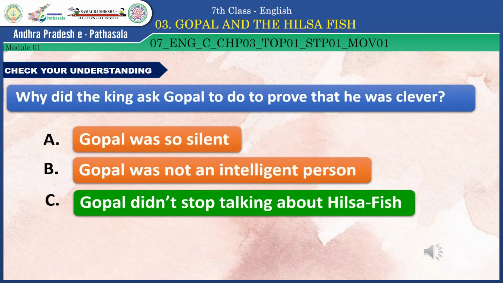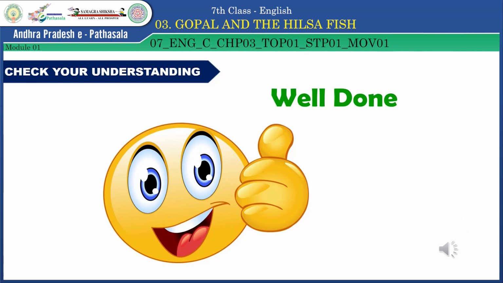What did the king ask Gopal to do to prove that he was clever? Option A, Gopal was so silent. Option B, Gopal was not an intelligent person. Option C, Gopal didn't stop talking about the hilsa fish. Excellent. Keep it up.